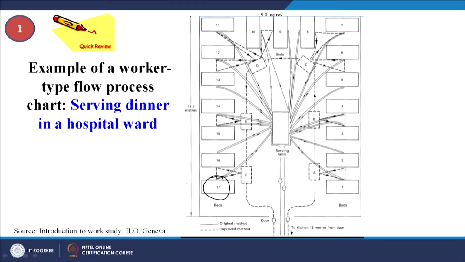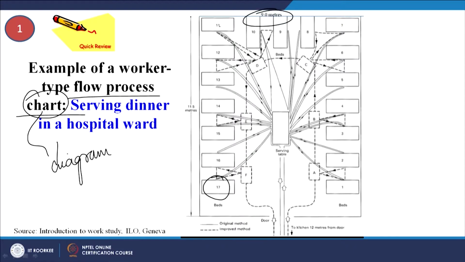The example of a worker type of flow process chart. This is a flow process diagram, I think we must write here. Now we know the difference between the chart and the diagram. So this is a flow process diagram, serving dinner in a hospital ward. So this flow process diagram is shown here. The distance is also marked here, 9 meters, and the sequence of movement is also marked.